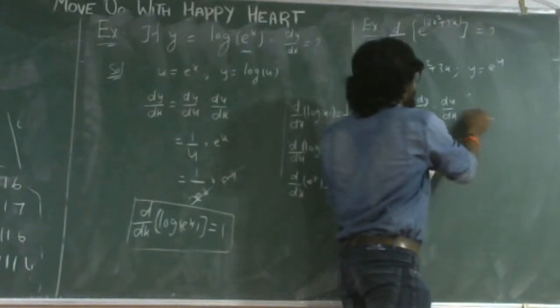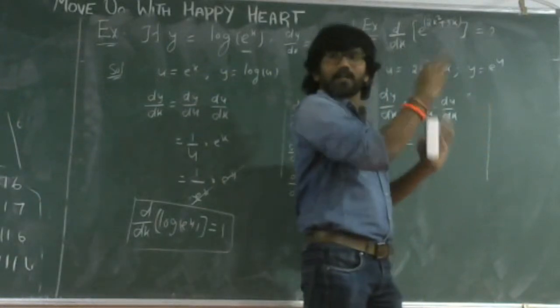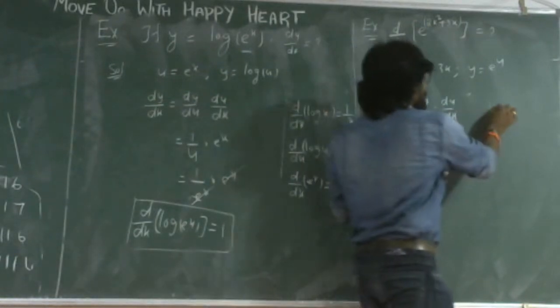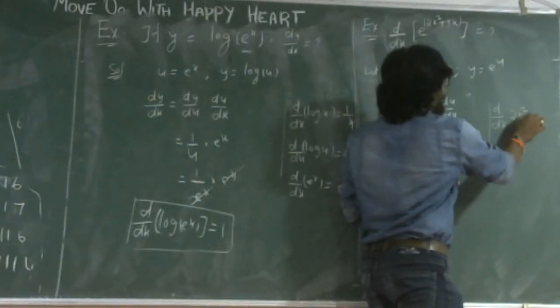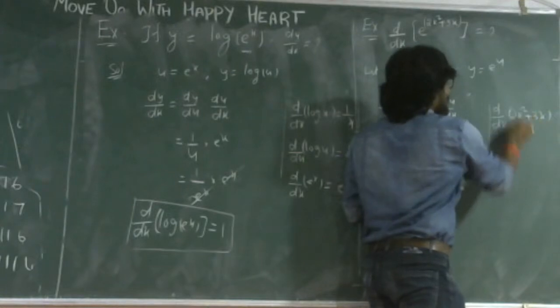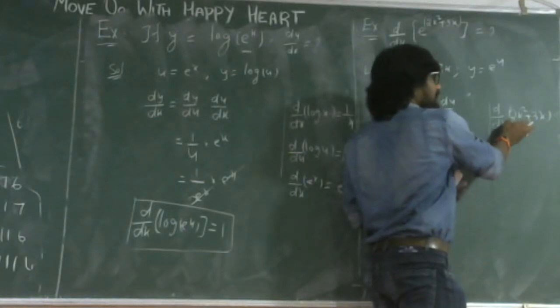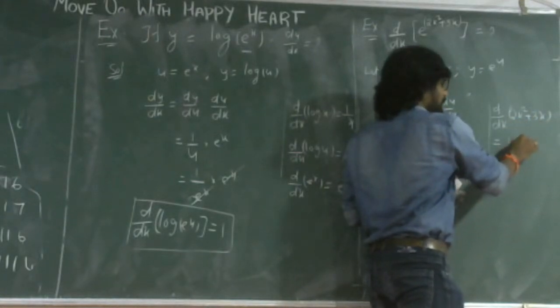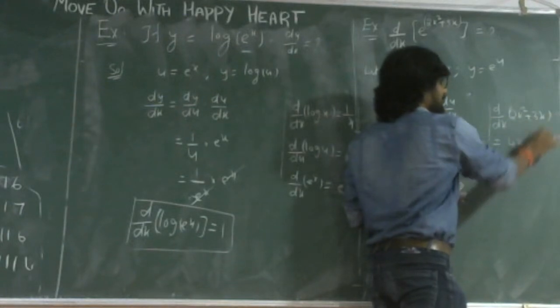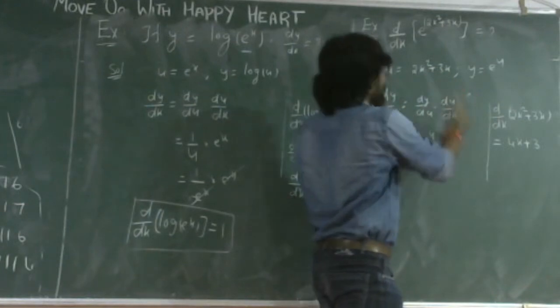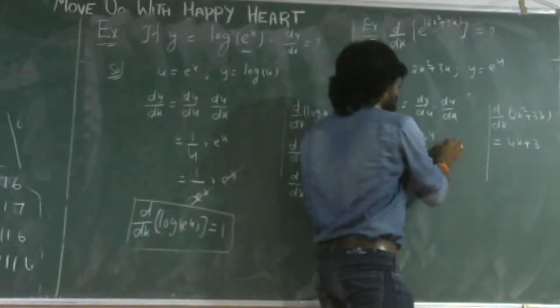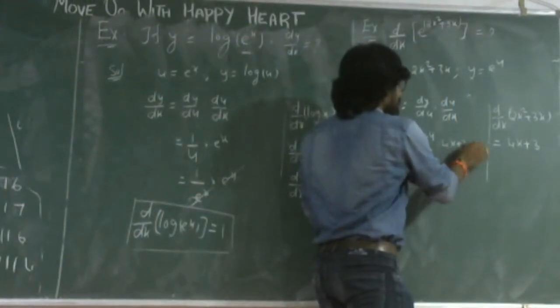You can write this separately on the side, then substitute if you want. d by dx of 2x square plus 3x is d by dx of 2x square, which is 4x, plus d by dx of 3x, which is 3. So that is du by dx, which is 4x plus 3.